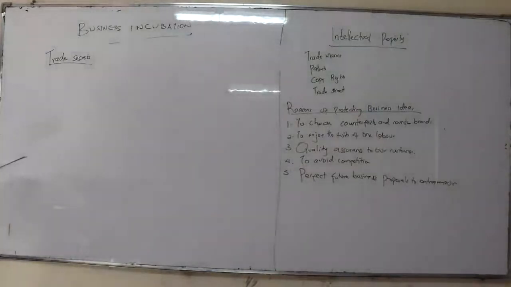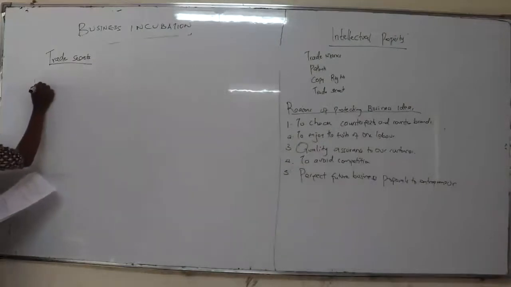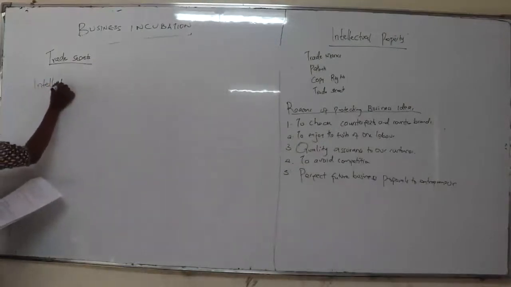Now let us look at the intellectual property. I've talked of the trade secrets. Now let us look at the intellectual property, and the first one is the trademarks. We'll start with the trademarks.